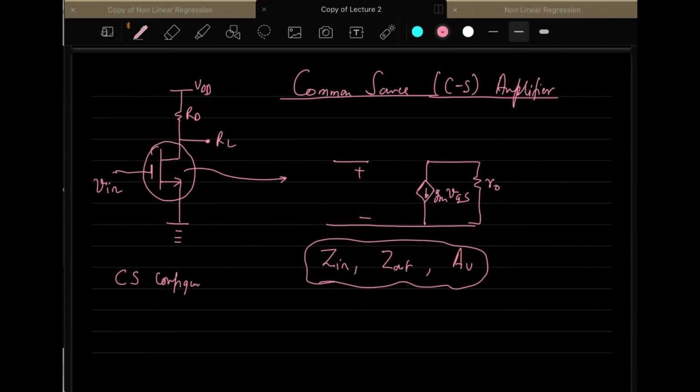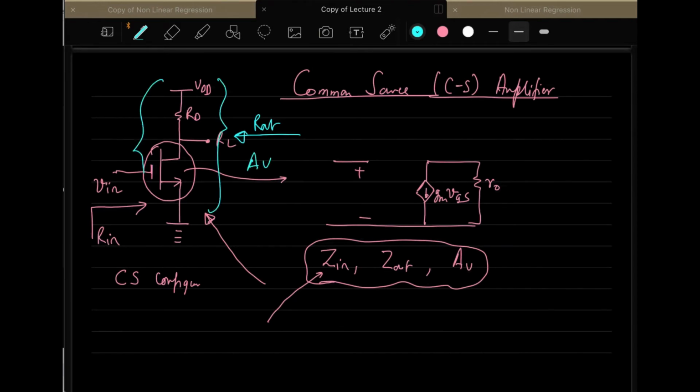So we always want to calculate three parameters from any of the configurations, whether it is common source, common drain, or common gate, which we will discuss later. The three parameters we are always interested in are the input impedance that you see from here, the output impedance which you see from here, and the voltage gain that this particular topology generates.